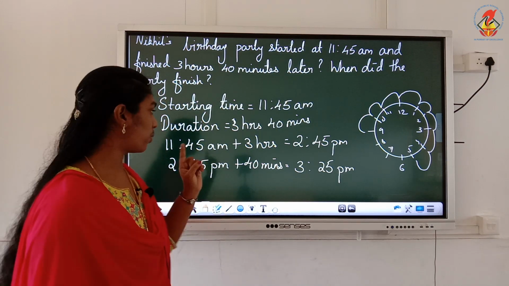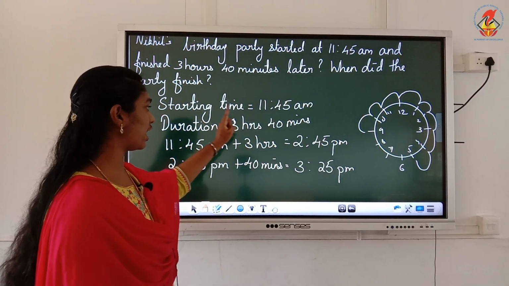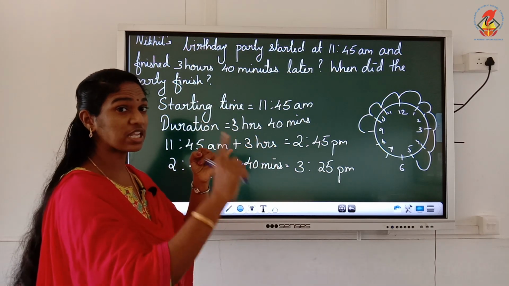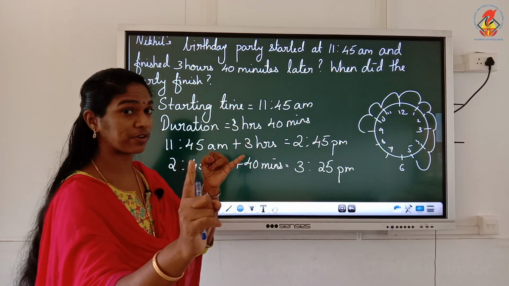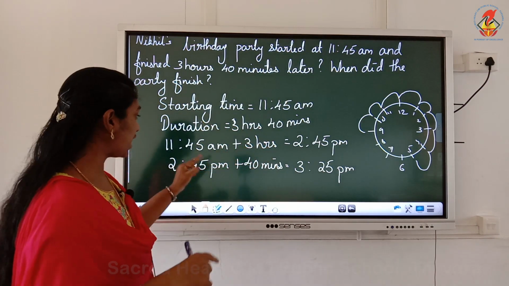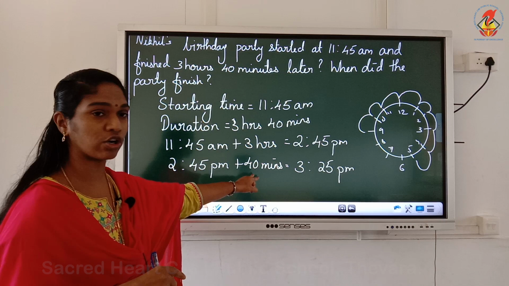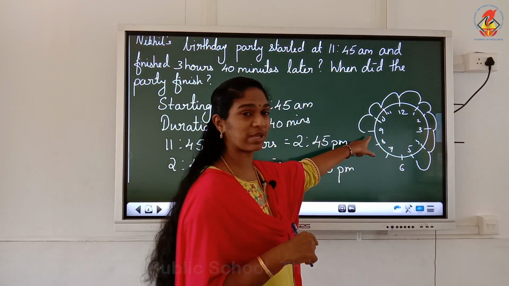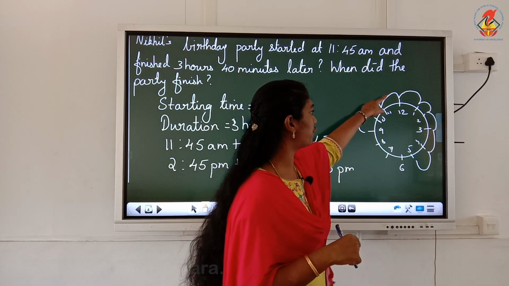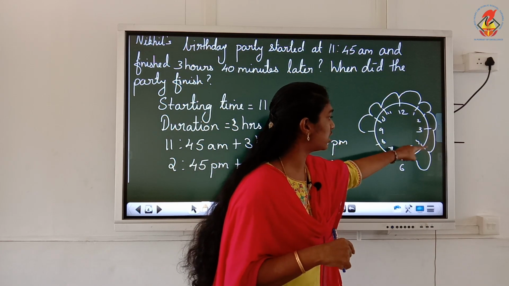Understood, children? Once again, 11:45 a.m. plus 3 hours I did. So 12:45 p.m. because your hour hand is crossing 12. 1:45 p.m. 2:45 p.m. Then with this 45 I am going to add 40 minutes. 45 means it's coming at 9. From 9 I should count 40 minutes. 5, 10, 15, 20, 25, 30, 35, 40.